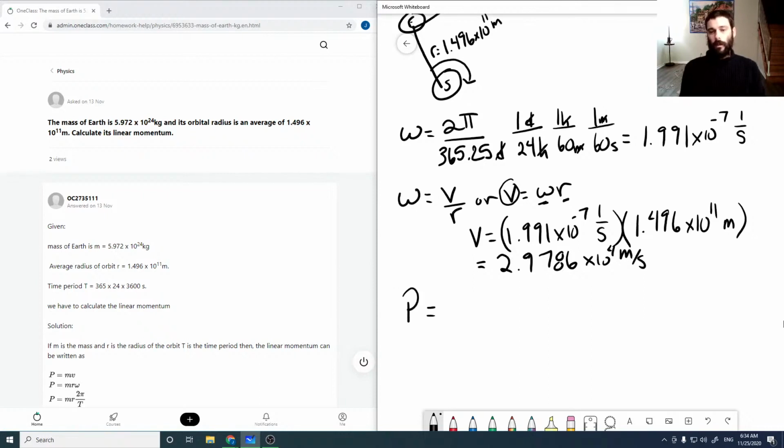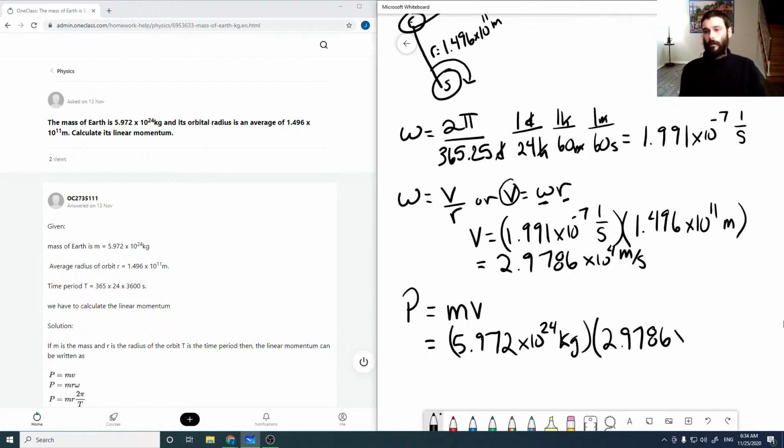So momentum is just P equals mv. And we have the mass, our mass of Earth, which is given in the question as 5.972 times 10 to the 24 kilograms. And then multiplying by this velocity, 2.9786 times 10 to the 4 meters per second.